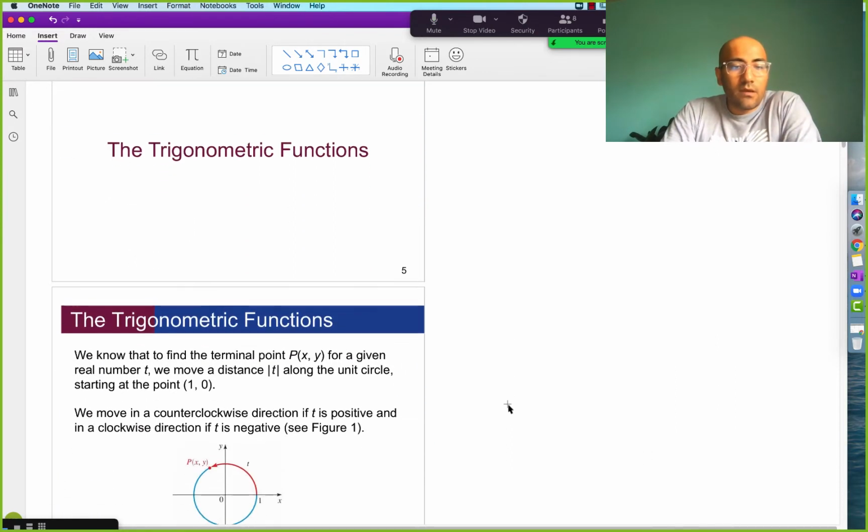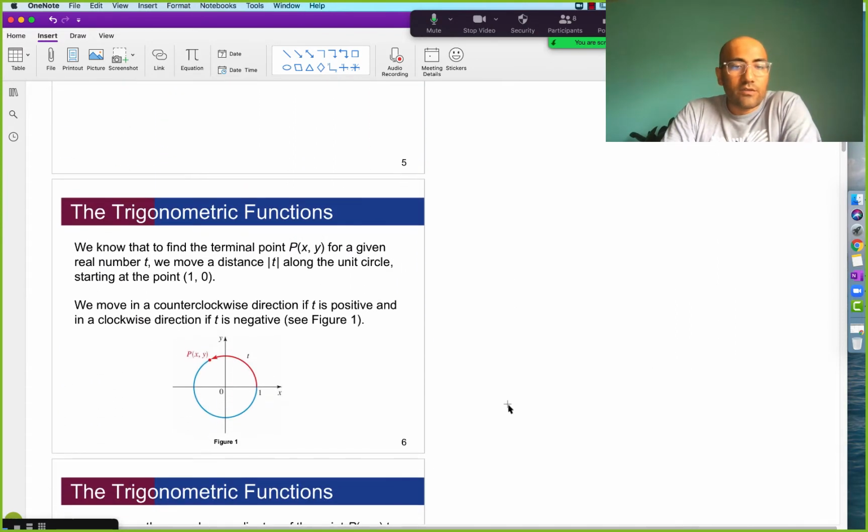Trigonometric functions. Okay, so far we've been working with a unit circle, and then we defined this t value to be the distance along the curvature, along the circumference of the unit circle. So t, if it's a positive number, heads in this direction, counterclockwise.